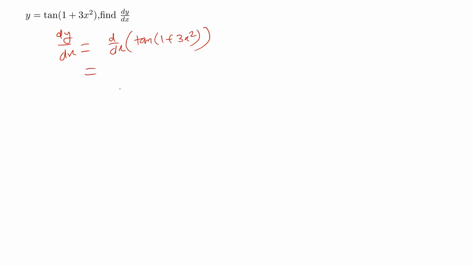Here we are also applying the chain rule. First we go with the tan function, then we go with 1 plus 3x square. So what is the derivative of tan? We know that the derivative of tan x is sec square x. Here we assume the whole term 1 plus 3x square is x, then the derivative of tan x gives sec square x.